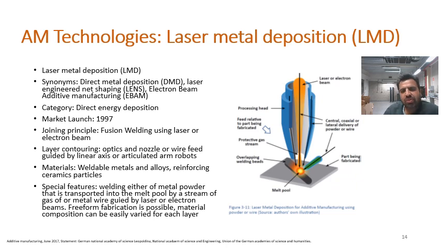Metallic components are produced by this technology by depositing beads of the material from a processing head. This processing head has the ability to deposit the material in the form of powder or wire, and the heat from a source of laser or electron beam.